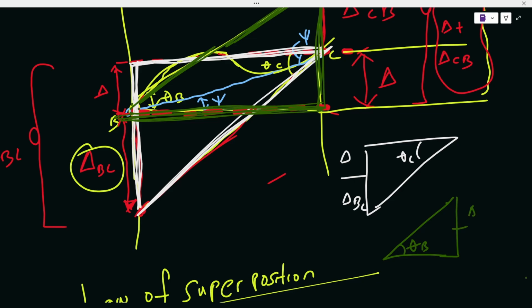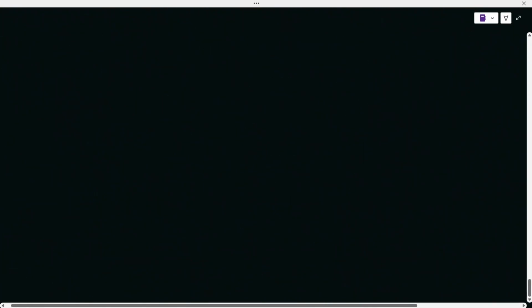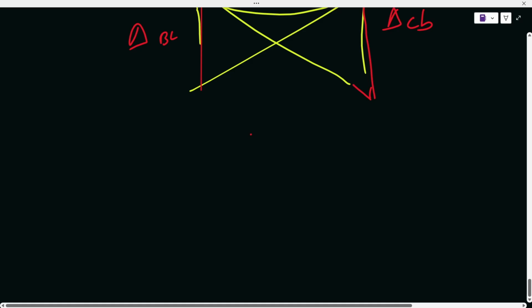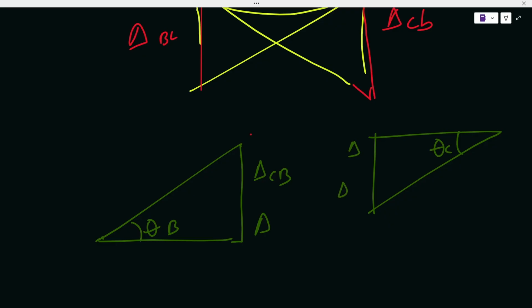So here was delta CB, and here was just delta. Let's put these two in mind and bring them down. So we had these two: delta CB, delta, and we had this delta C, delta BC.